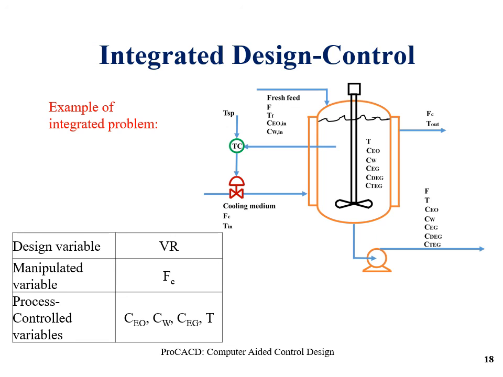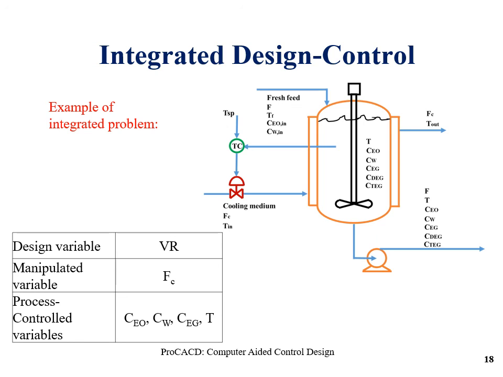You also have a manipulated variable in the form of FC, which is the flow rate of the cooling medium, and you need to control the composition of the products by maintaining a certain temperature in the reactor, which is T. Okay, so this is an integrated design control problem.